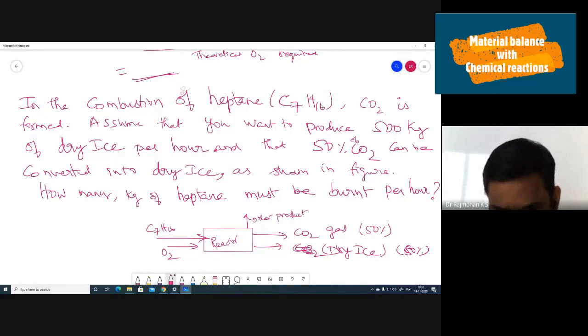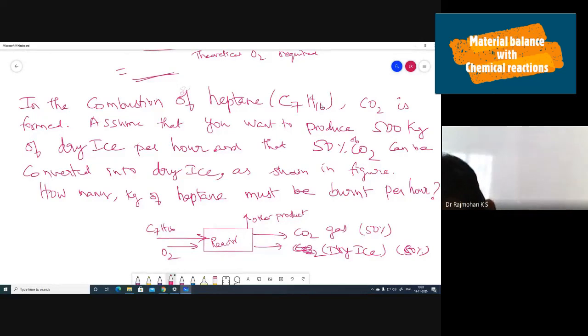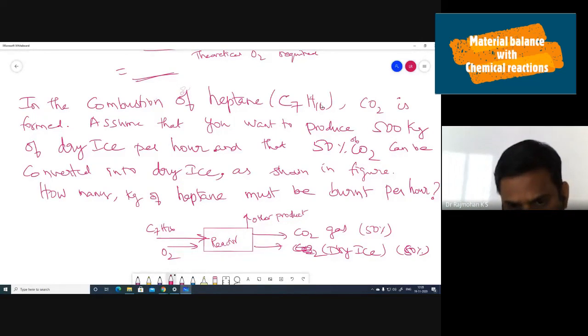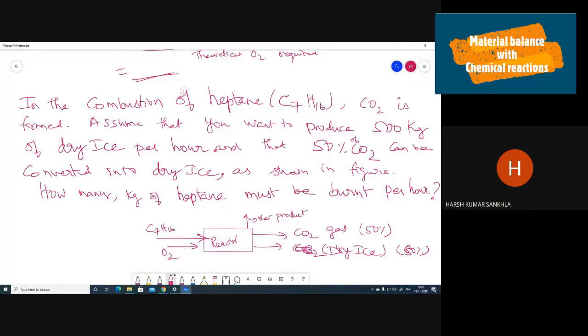That is what is happening. Let me say there are 100 kg moles of CO2 formed. In that case, 50 kg mole goes out as gas and 50 kg mole goes into dry ice. Remember, we have to tell this with respect to the reaction. Sir, here gas 50% and dry ice 50%, or out of the CO2 formed, another 50% is converted to dry ice?